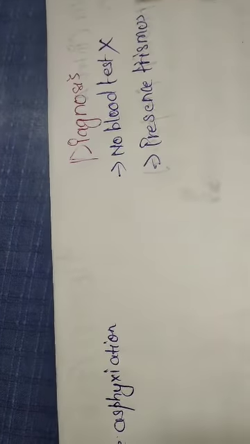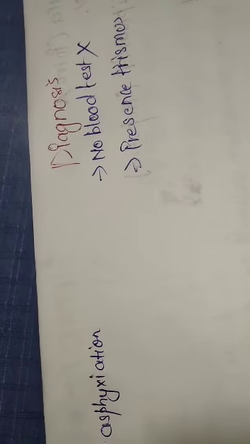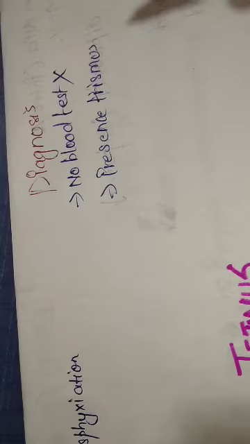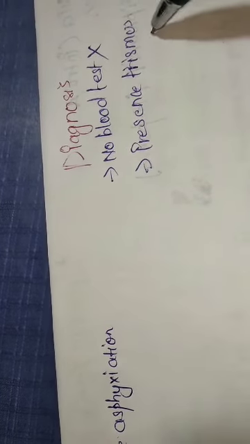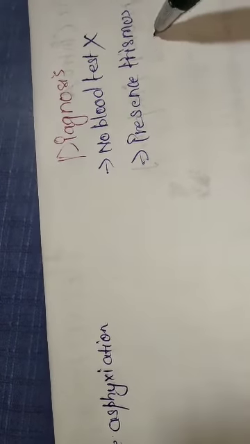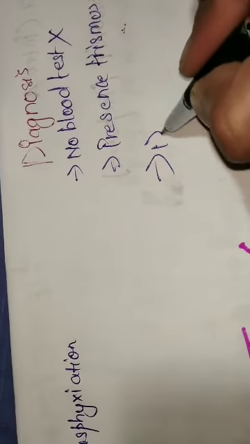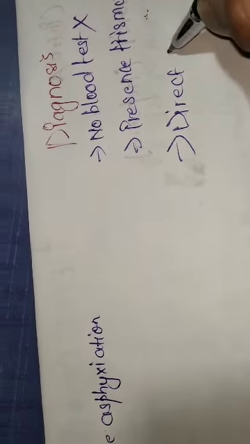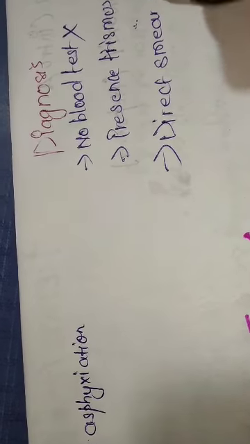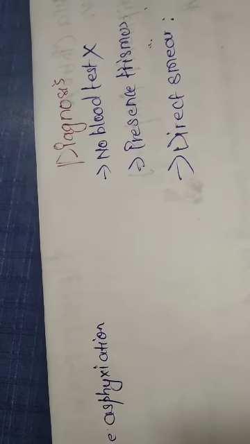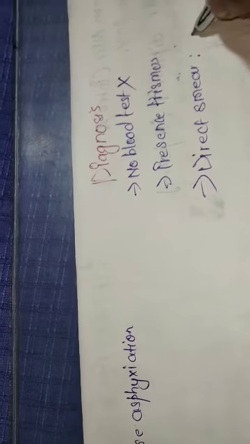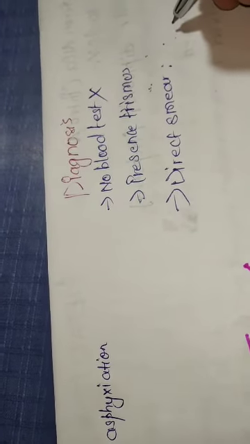The blood test never shows the presence of tetanus, but it is demonstrated by the presence of trismus, meaning a spasm of the facial muscles, and with a direct smear showing gram positive bacilli with a drumstick appearance, taking a specimen from the cerebrospinal fluid.